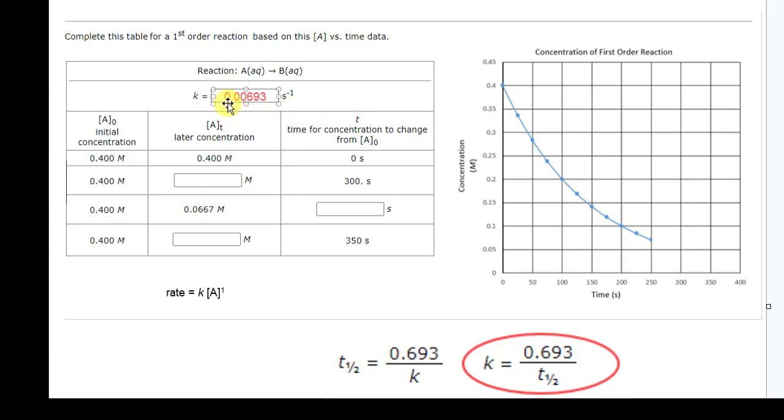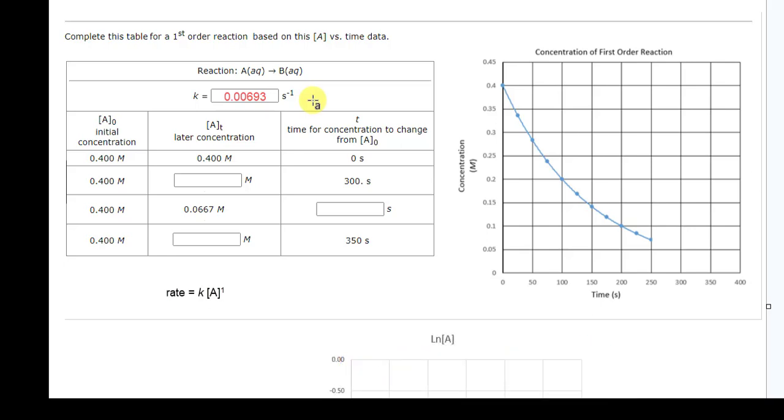In fact, if you just wrote down 0.00693 for an answer for K, even though you did this calculation, it'd be marked wrong if you didn't include the unit per second. Now be careful. Sometimes on exams, they'll have minutes or hours. So focus, okay, this is per second. If the question is per year, then you do it per year. Don't lose this calculation because you presumed it's always per second.